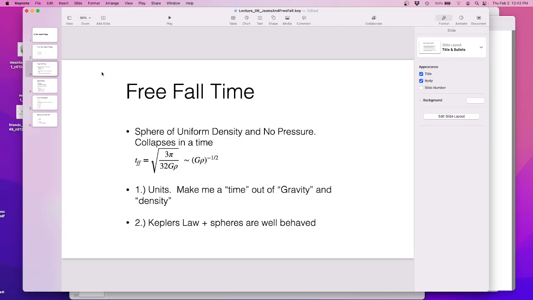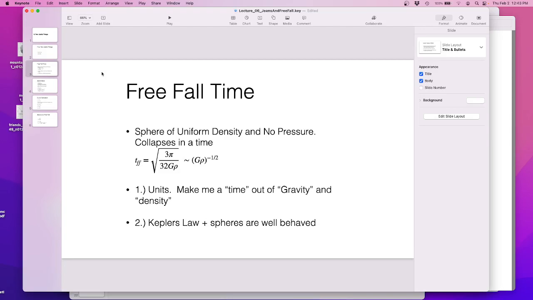Like 3 times pi is like 36, right? No, it's like 9. So this is like a half, right? My brain filled in 4 pi for pi when I was trying to do that in my head, because it does that. So this is like 9 over 32, which is like a quarter, and the square root of that is like a half. So it's really close to the right answer.